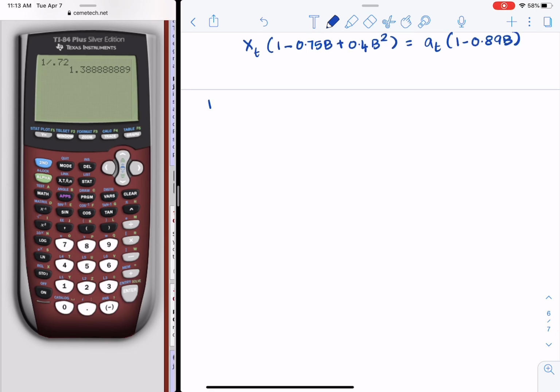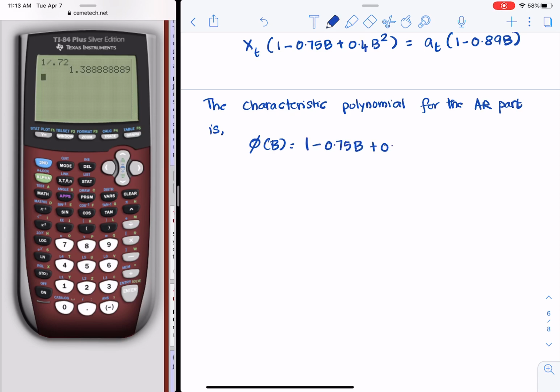So the characteristic polynomial for the AR part is phi of b equal to 1 minus 0.75b plus 0.4 b squared, which we could also write as phi of s equal to 1 minus 0.75s plus 0.4 s squared.